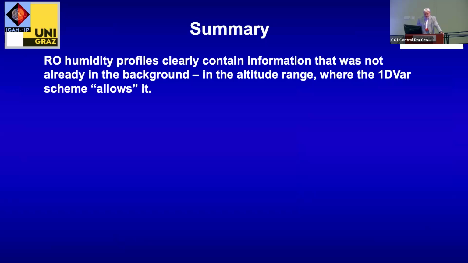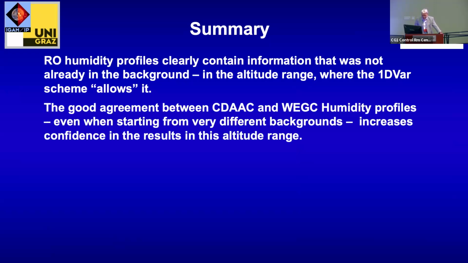To answer the question, there's clearly information in the RO-derived profiles that has not yet been in the background profile, at least in the part where the 1D scheme allows it. And even starting with very different backgrounds, the two retrieval schemes try to come to a common answer, if possible.